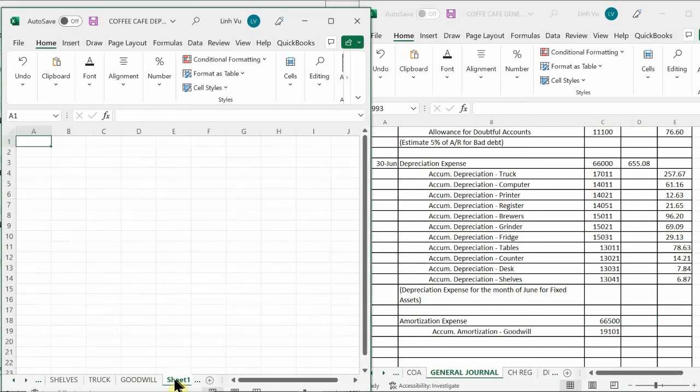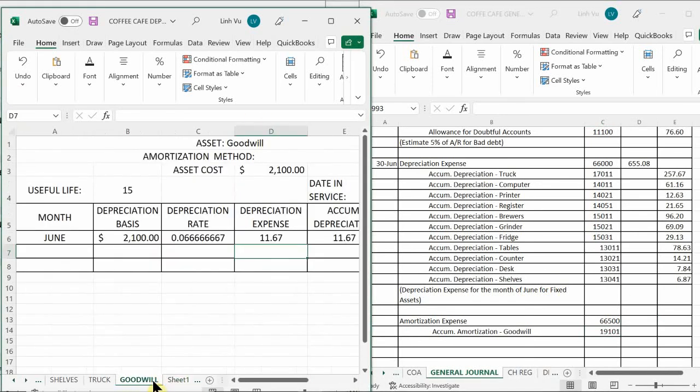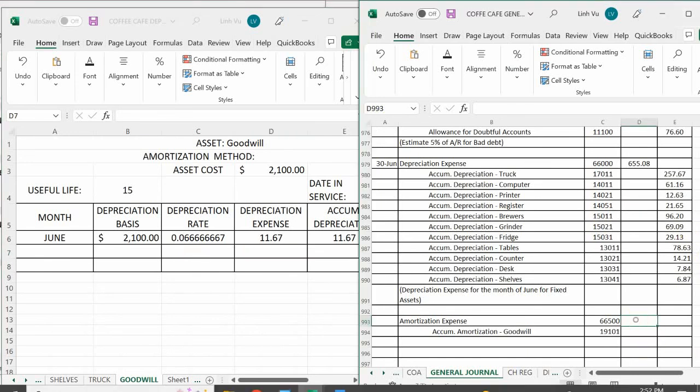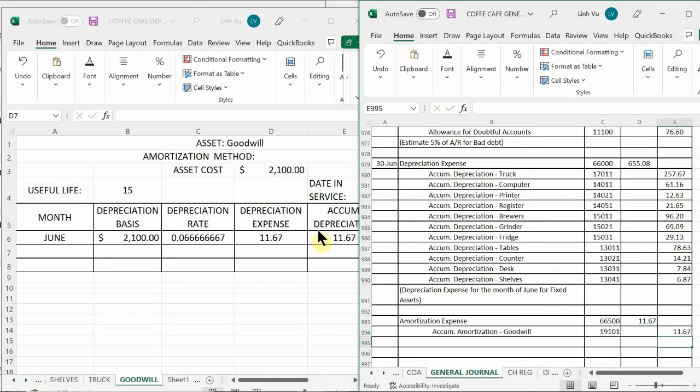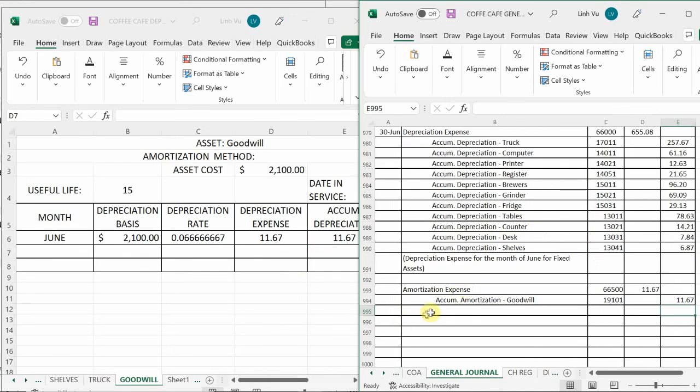Oh, yeah, 11.67 in both spots. Okay. And then description here.